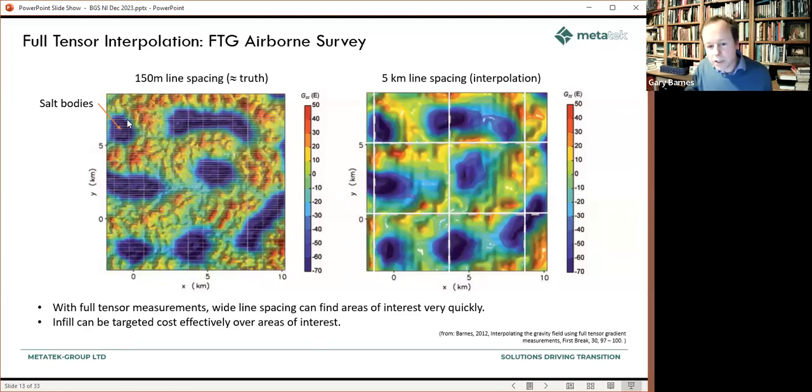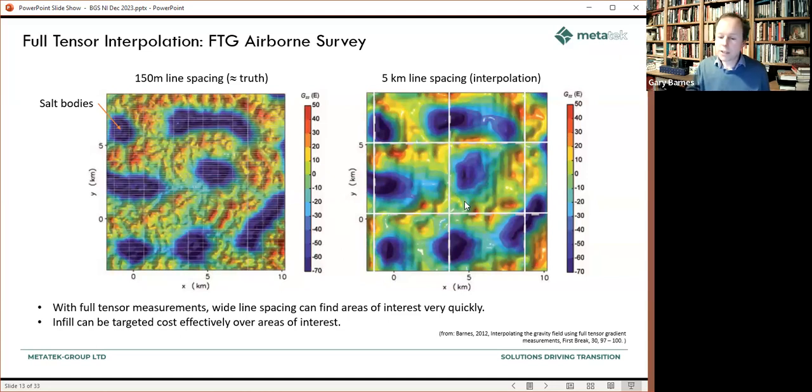Now, if I only select lines from this survey which are separated by 5 kilometers, we can see what the data would have looked like had this been a severely undersampled survey. So now we only have data along these much more widely spaced lines, as you can see on this right image.